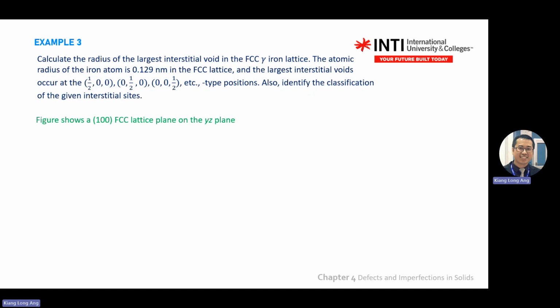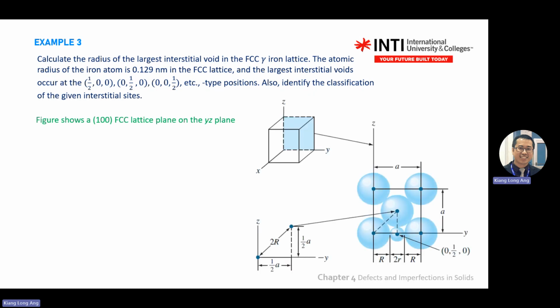For this kind of question, you always start with a diagram. So you draw the FCC lattice.